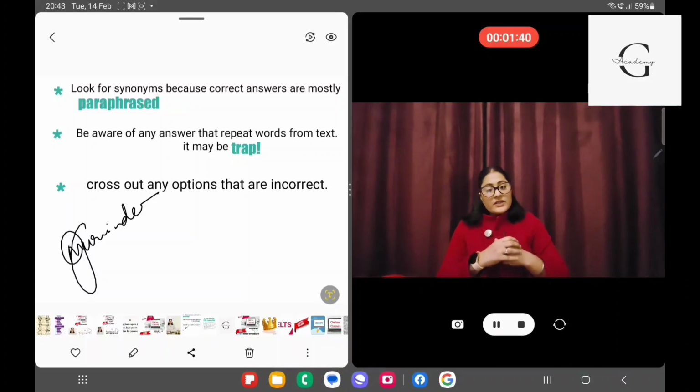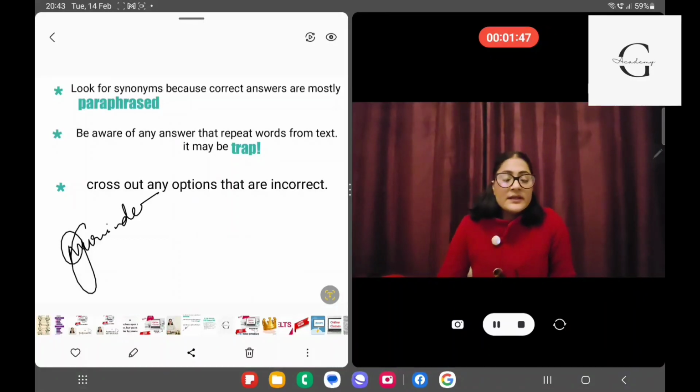The third option is cross out any options that are incorrect. Here I want to give an example. Let's see, if I have 4 things in front of me: a pen, a book, a paper and a mobile phone.